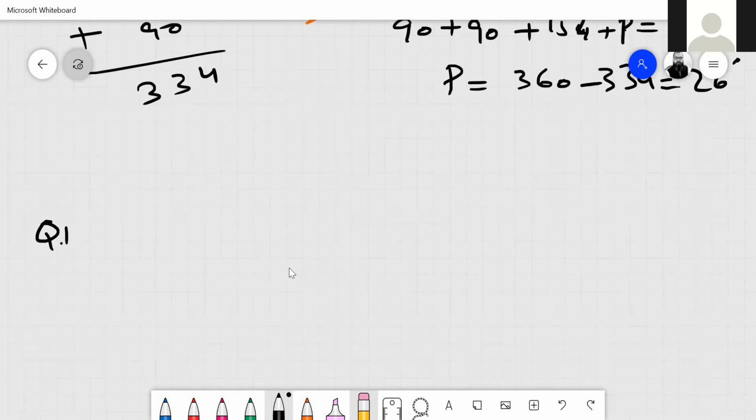Question number 1. It is hard to get the circle here. Now, P is the point where it is tangent.